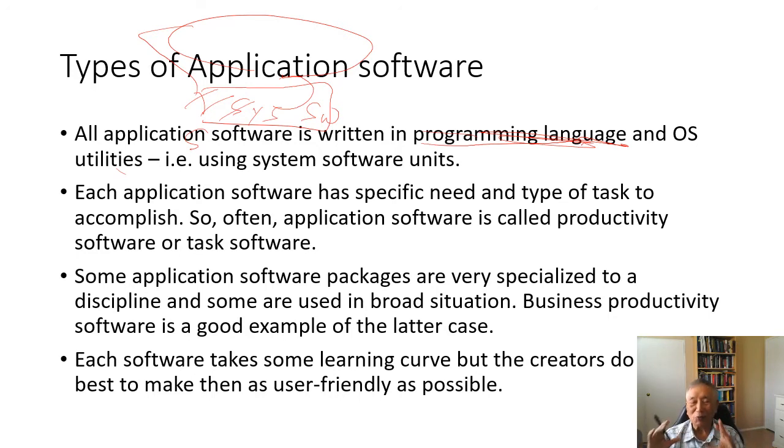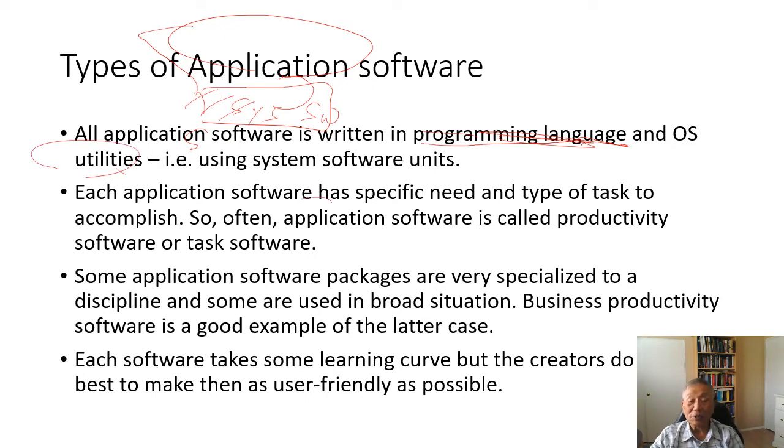Let's make the programmer's life easier by having programming languages, and all you have to do is use human-like languages. That's what the programming language is all about. So it's built on those programming languages or system software. These utilities are also part of system software.